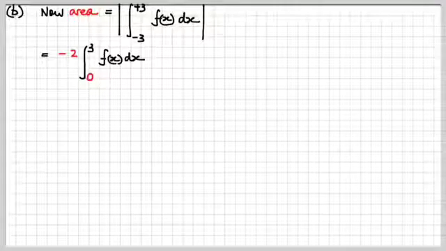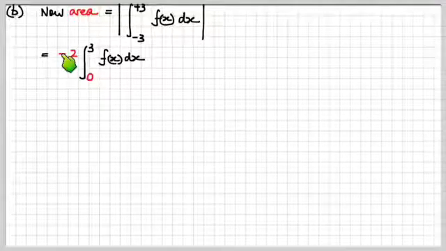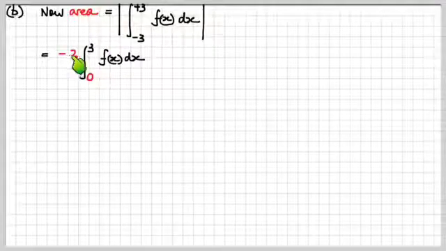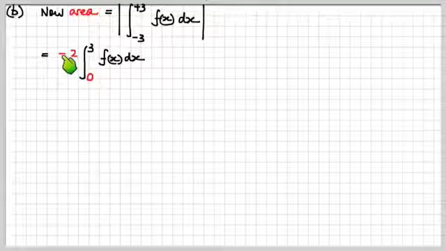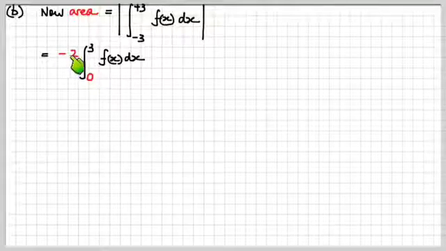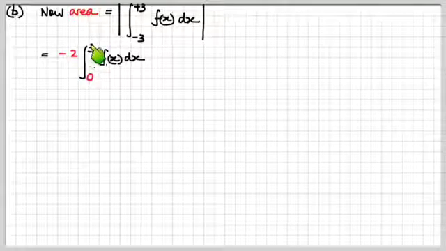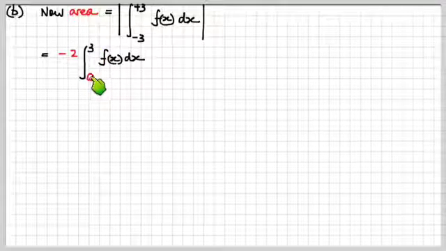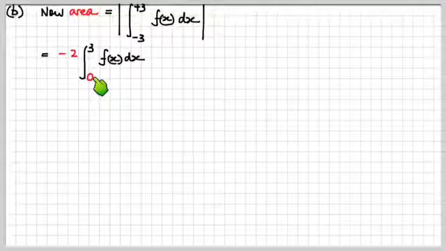Okay, now, here's a little trick for you. What I've done here is the negative to take care of this making it positive problem we were anticipating. But I've also done twice the, in fact, negative twice, that makes it positive, and the twice bit is because the actual area is symmetrical about the y-axis, as we noted on the previous page, so we can simply integrate twice from 0 to 3, which is always a really good idea, because if you're integrating with one of your terminals from 0, it just makes it a lot easier.